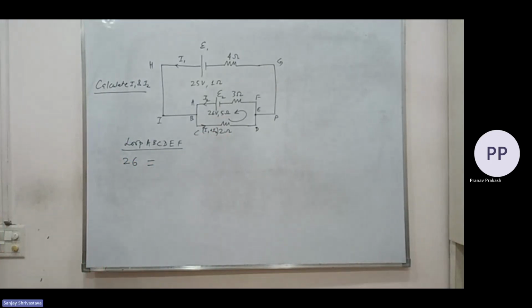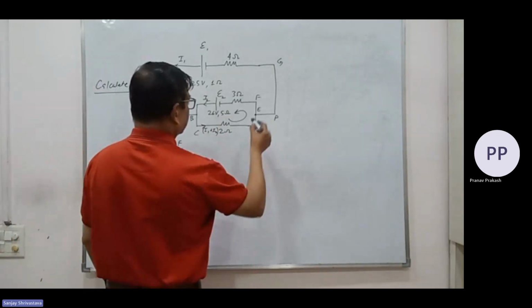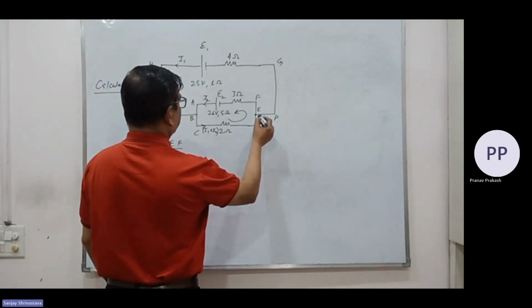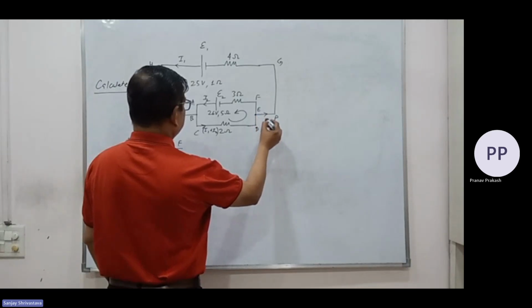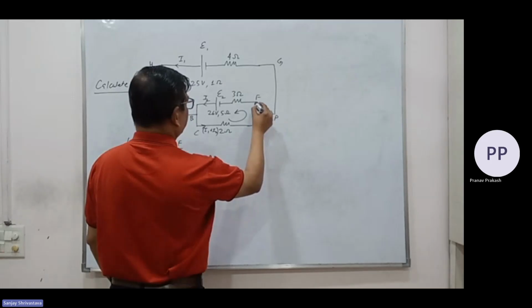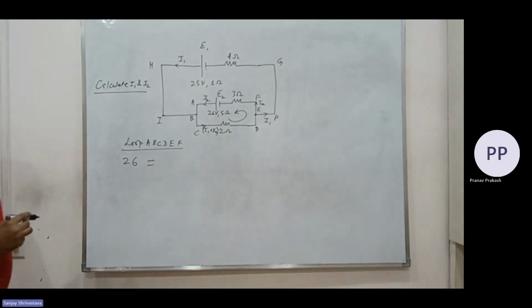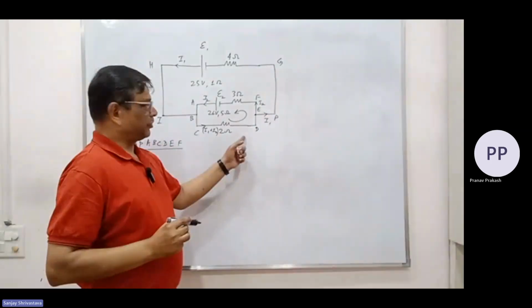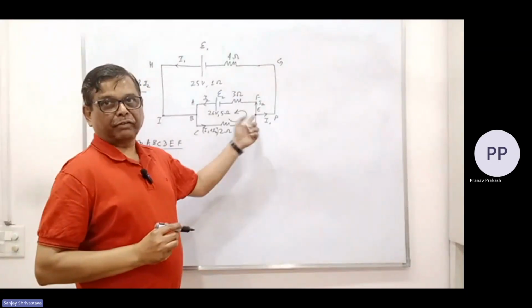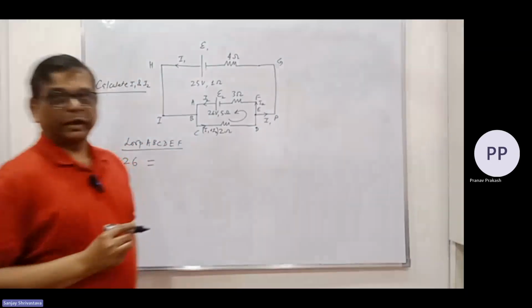Are we clear? And here again this will get split, because here this will be I1 and this side will be I2. Because for junction E, the incoming current is I1 plus I2, but outgoing will be I1 and I2. Clear, Pranav?